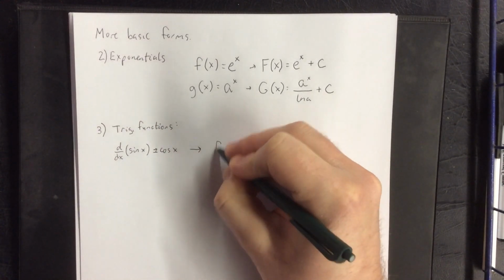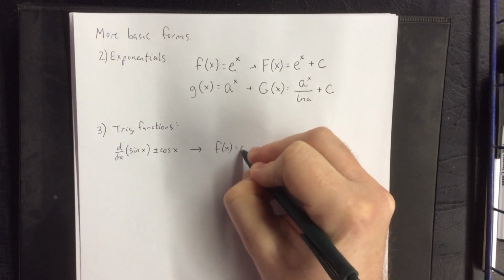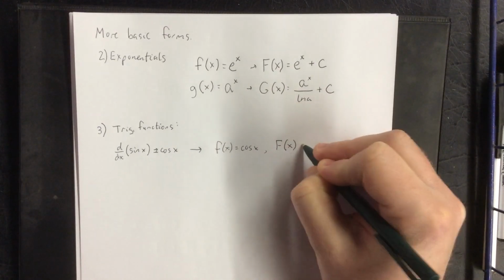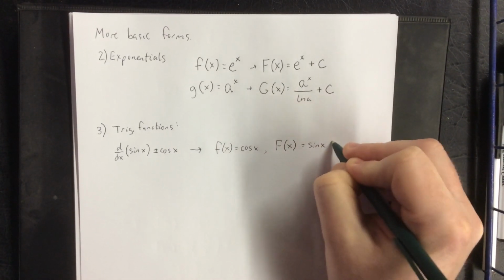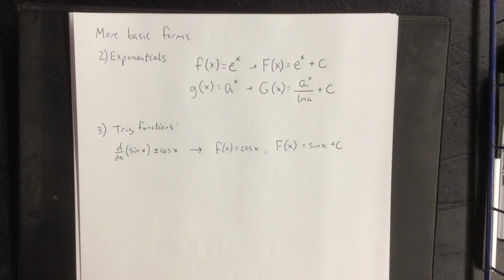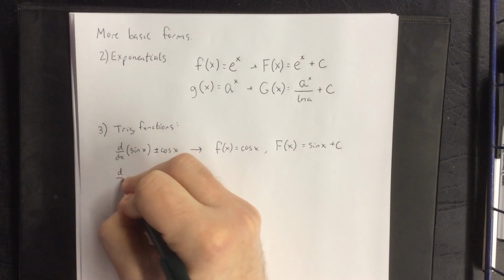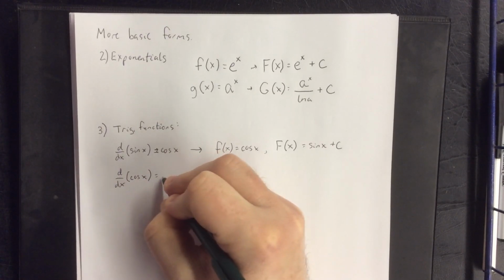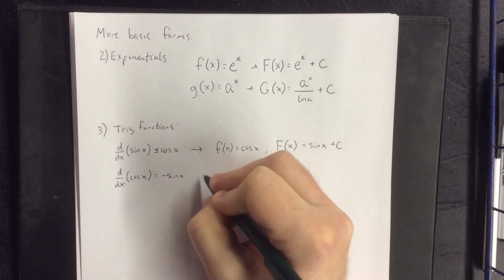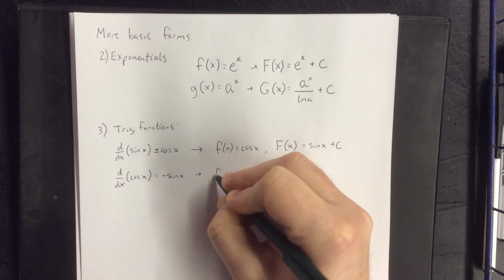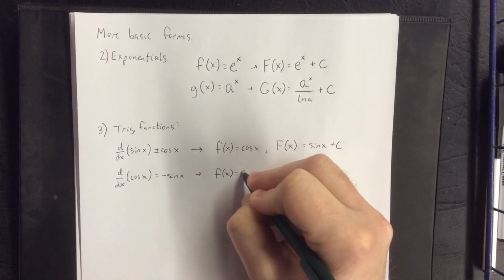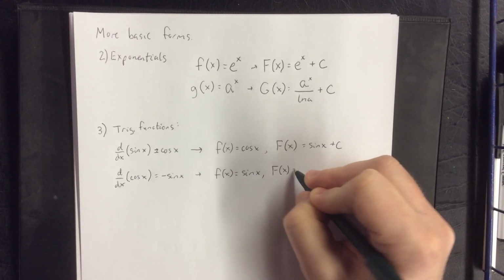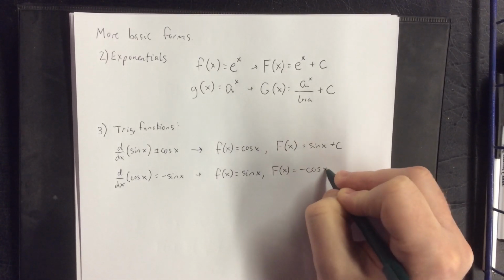This lets me know that if a function is the cosine of x, then the antiderivative is going to be the sine of x plus a constant. The derivative of the cosine of x is going to be equal to the negative sine of x, which lets me know that if I have the sine of x as a function, the antiderivative is going to be the negative cosine of x plus a constant.